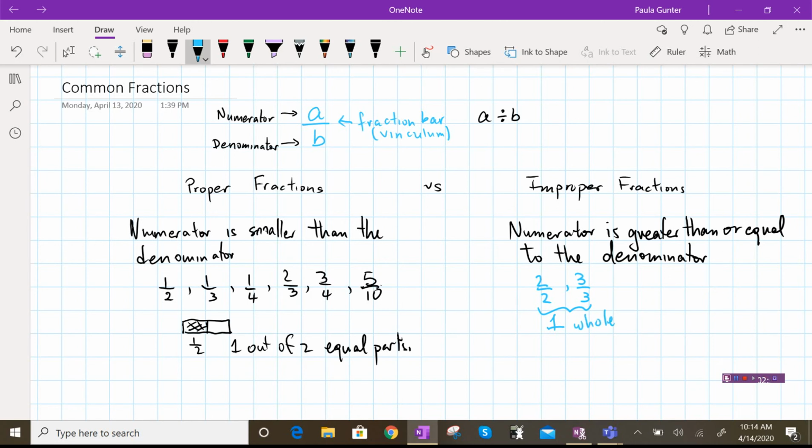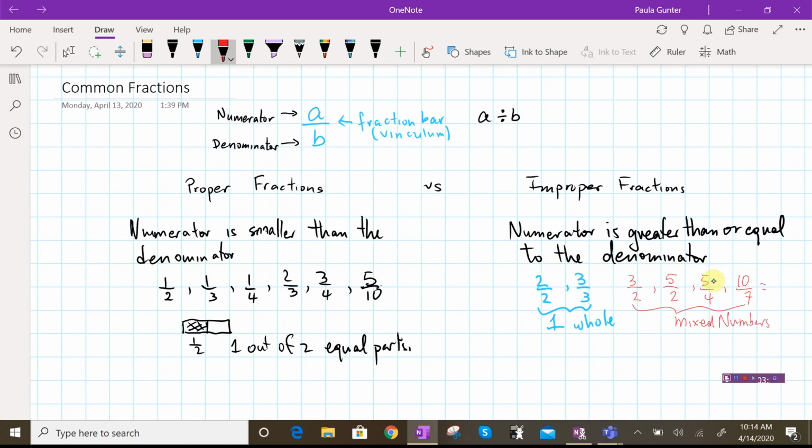And when we look at other types of improper fractions, such as 3 over 2, 5 over 2, 5 over 4, 10 over 7, and so on, these are improper fractions that later on we will see written as mixed numbers.